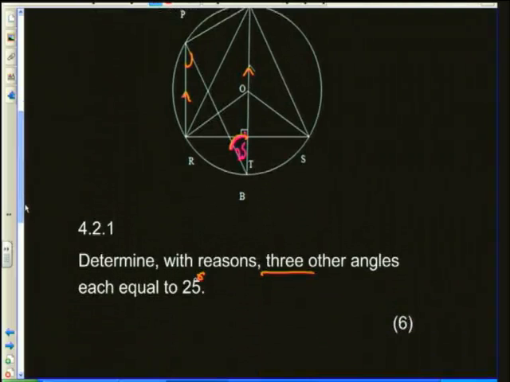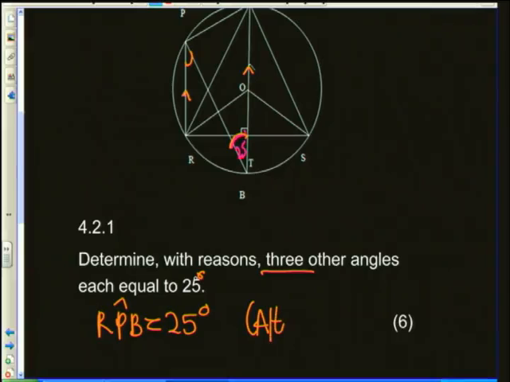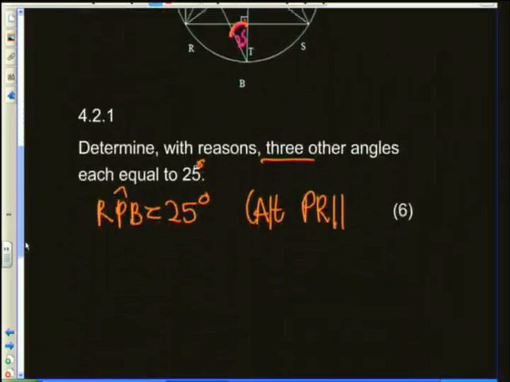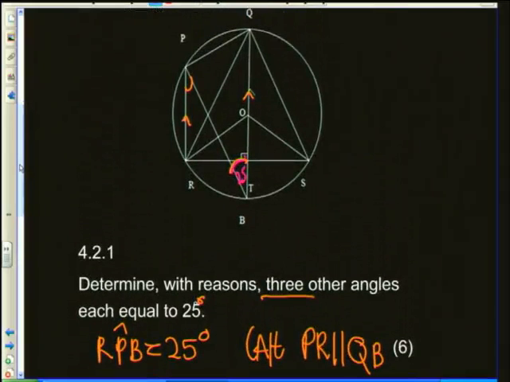We can say angle RPB is equal to 25 degrees, and the reason would be alternate angles, because PR is parallel to QB.